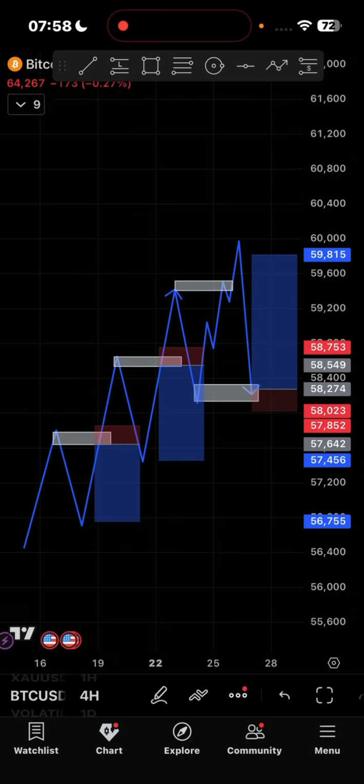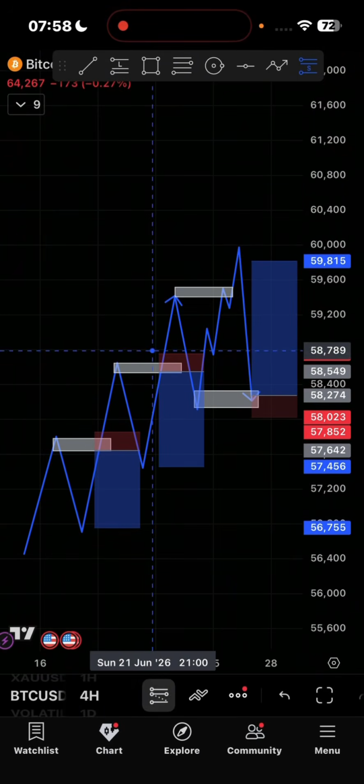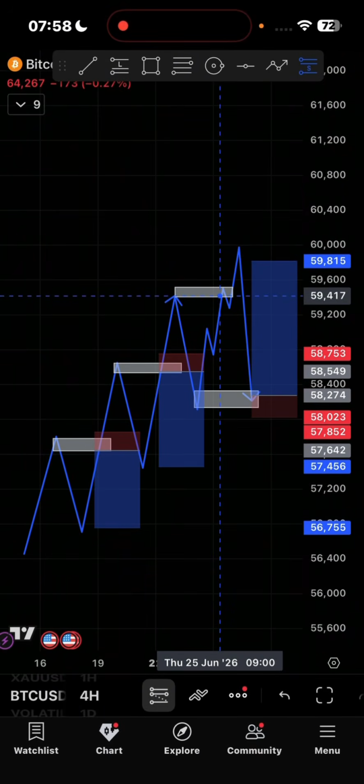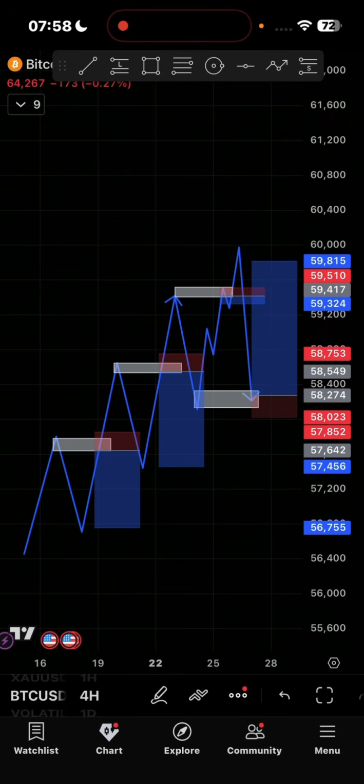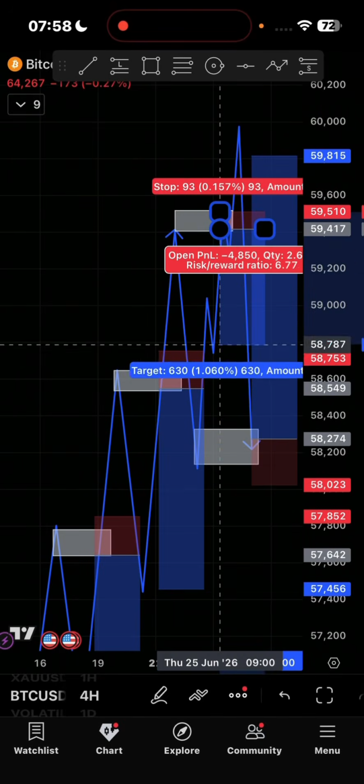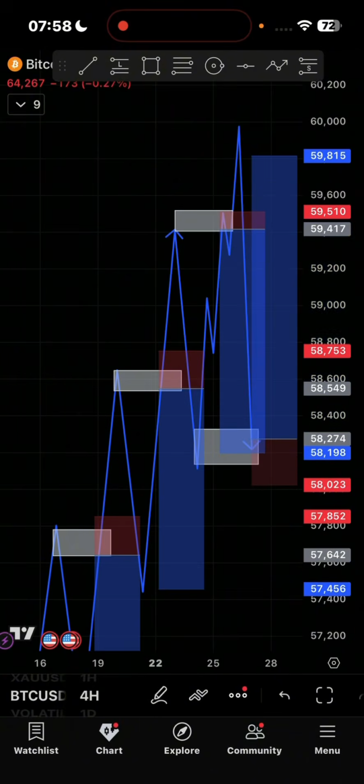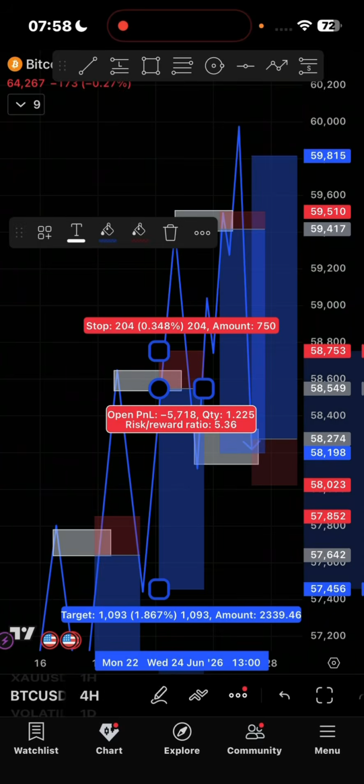Then you try selling from here again. Your stop loss got hit again. Then you still try here again. This one is going to warn you, it will do as if it's going to reverse, and it will go up again.